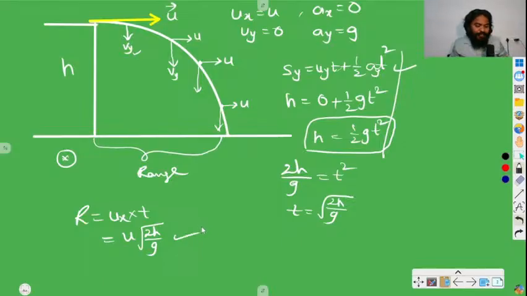At the same time, if you want to find the velocity at any point, for example this point where it has taken t time from the point of projection, you know very well the velocity is always tangent to its path. So this is the velocity vector at this point.